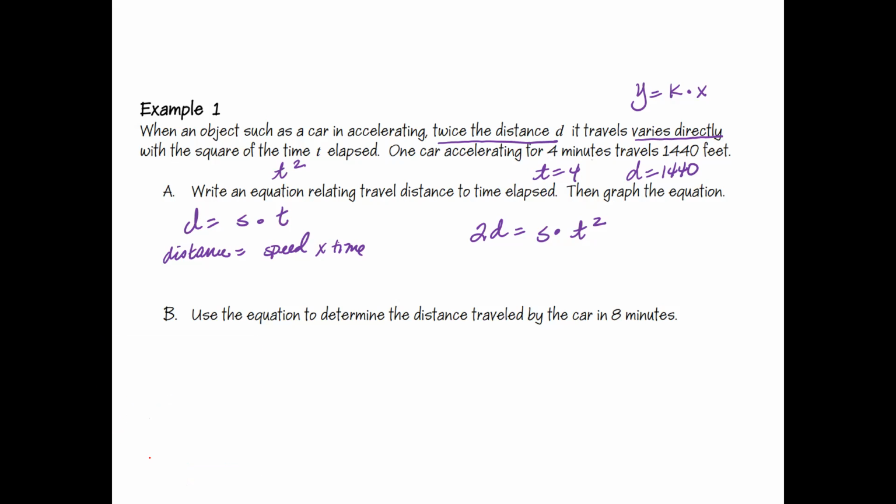So there's my equation right there, and I know that the distance I travel is 2d, which is 1440, equals s times t squared, so that's 4 squared. If I multiply this out, that will give me 2,880 equals 4 squared, or 16, s.